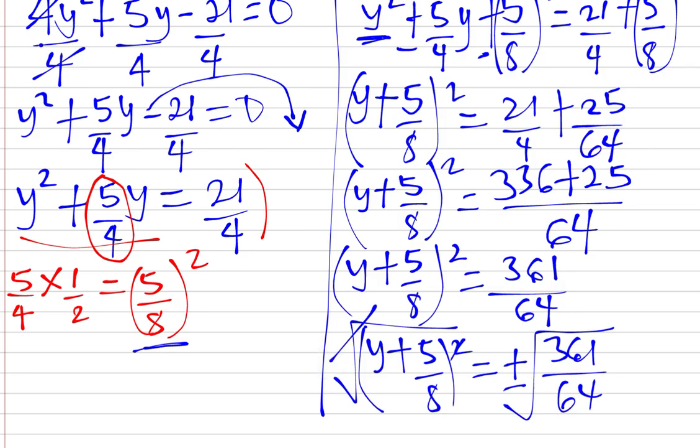Are you seeing that? Square will cancel square root on this y part. So we are going to be left with y plus 5 over 8.